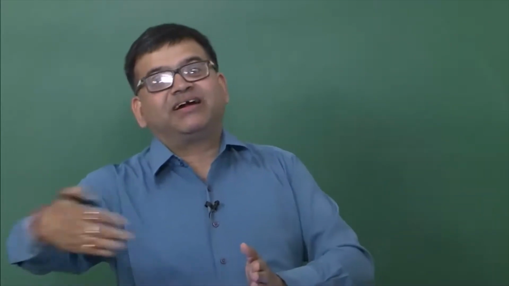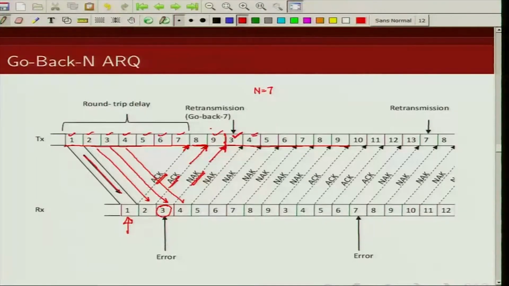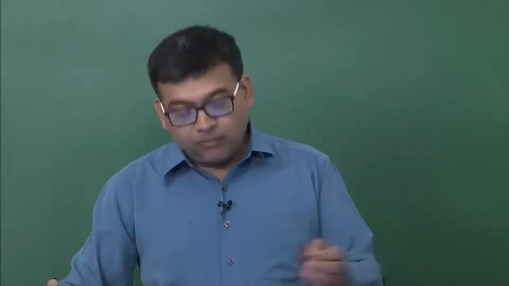In this case we receive packet number 3 in error, so we start retransmitting from packet number 3, then 4, 5. It may so happen that earlier, when we sent packets 1 to 7, packets 4, 5, 6 were received correctly, but we ignored them and retransmit the packets again.